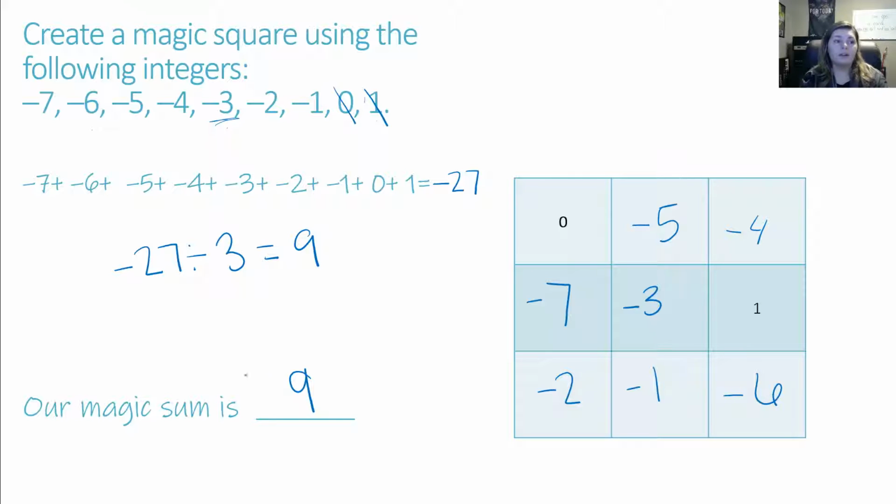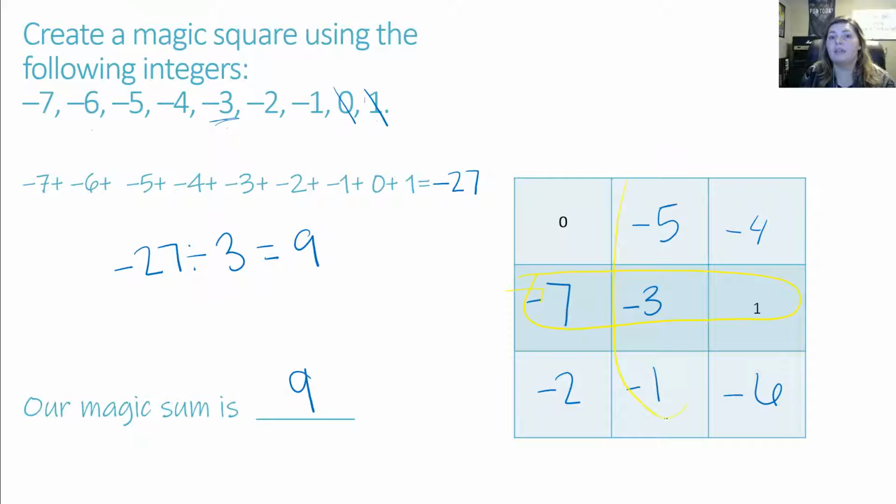So what we did here is, now that we have our magic square, we can check ourselves. What we're checking is that our magic sum is 9, so this row here, the sum of this, so sum is adding, has to equal 9.